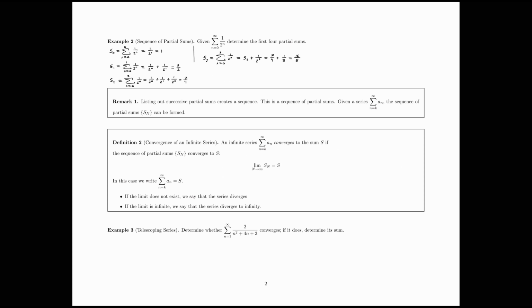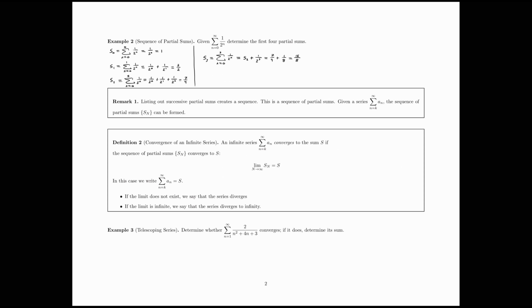So now what I want to do is take a look at a sequence. So below in this remark, if you list out the successive partial sums, that list in and of itself, in its own right, is its own sequence. So given any series, you can create a new sequence from them.